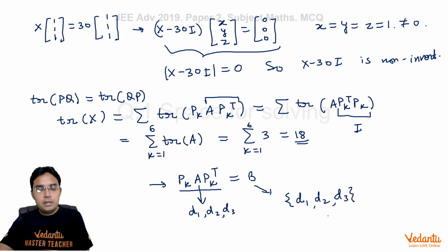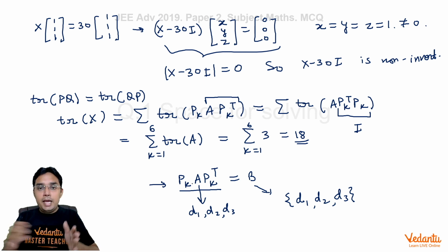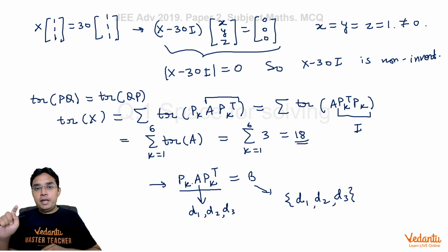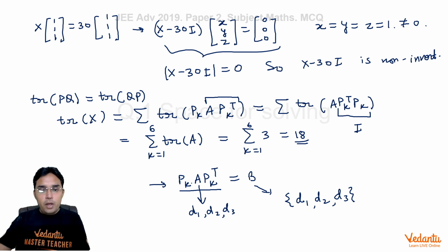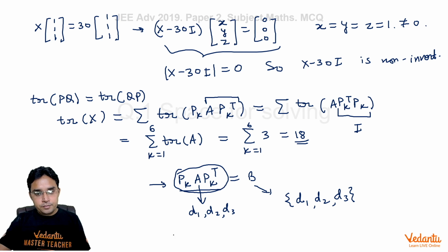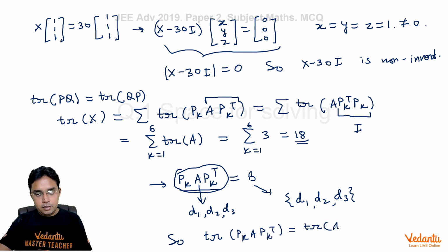So after pre-multiplication with P_k and post-multiplication with P_k transpose, diagonal elements remain diagonal elements only. So the trace of P_k A P_k transpose will be the same as trace of A. This I have already used in my first method, so the answer will remain 18.